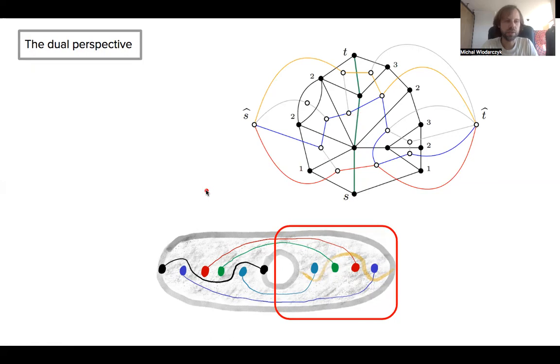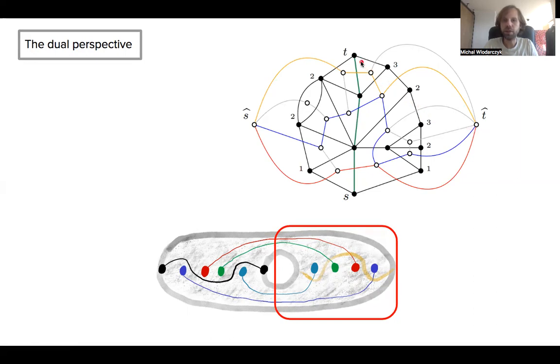We are interested in a setting with two distinguished vertices S and T on the outer face, and in the dual we create two vertices for the outer face, one on the left and one on the right. This picture is more about edge disjoint paths, but this doesn't really matter here. It just makes the pictures a bit clearer.